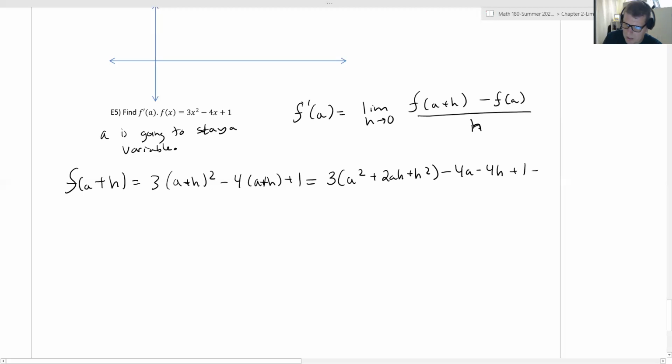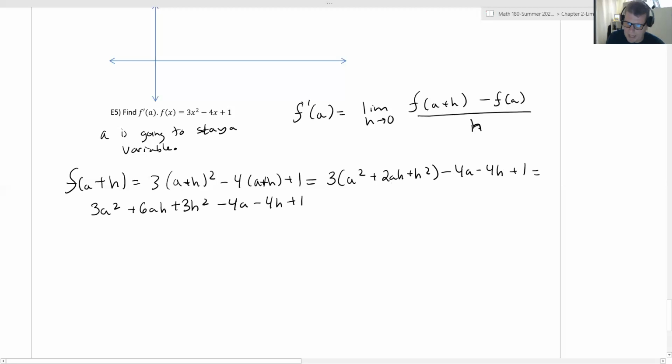Okay, which we can rewrite as 3a squared plus 6ah plus 3h squared minus 4a minus 4h plus 1. Okay, they all have different terms. Great. Let's check. 3h squared, good. Minus 4a, minus 4h, okay, great.